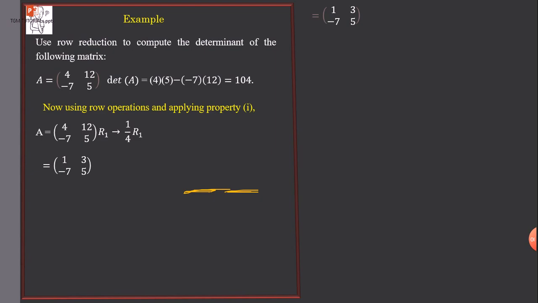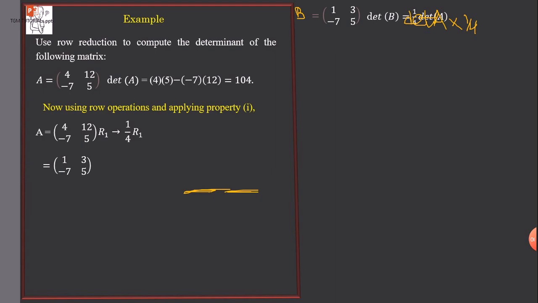From the property given, let's say this matrix is B. The determinant of B should be equal to the determinant of A multiplied by the scalar 1 over 4, according to the property.